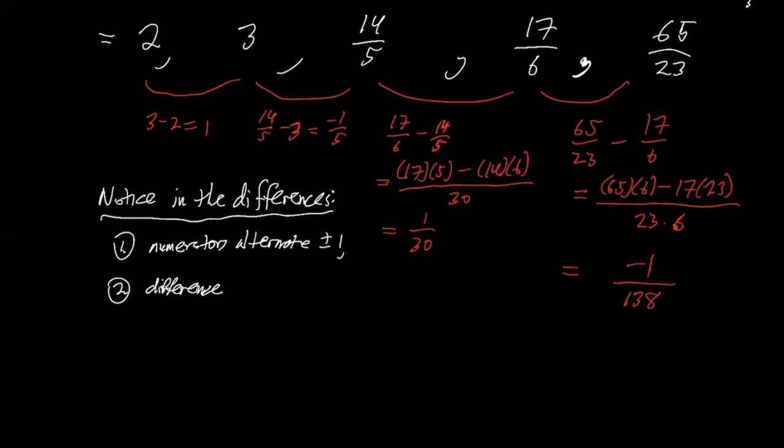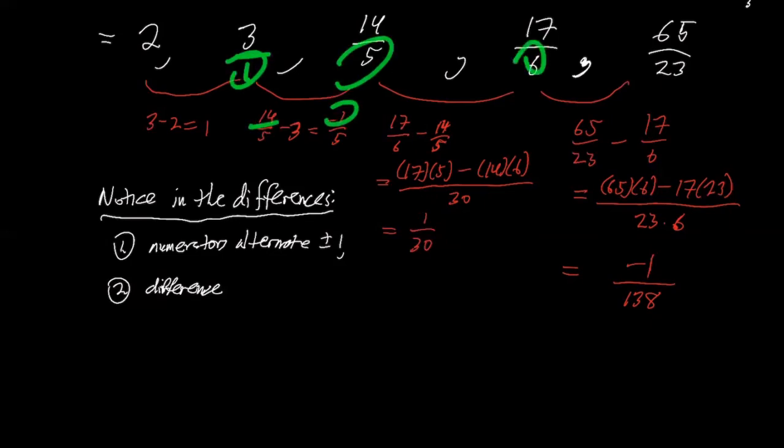if you have something with fifths and something with sixths, the difference is going to involve 30ths. And in fact, it's the smallest possible difference. It's 1/30th, plus or minus 1/30th. A little less obvious here, but denominators 1 and 5, and it happens to be negative 1/5.